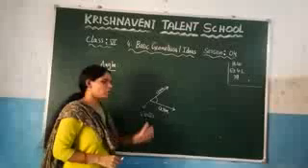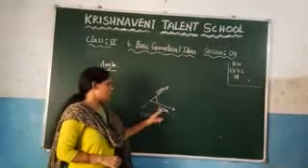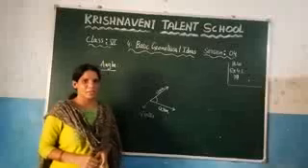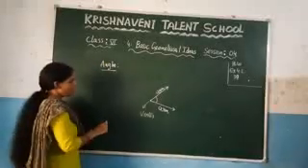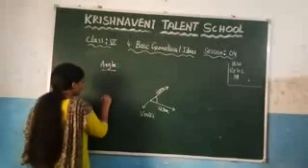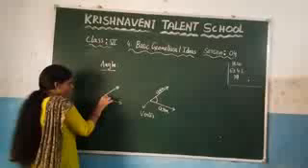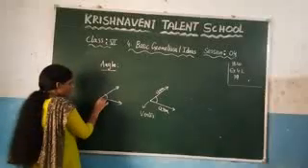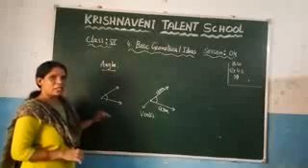That common point we call a common vertex, and the rays we call arms. So how you can define it: if two rays are intersecting at a common point, an angle will be formed. That common point we call a vertex, and these two rays we call arms.